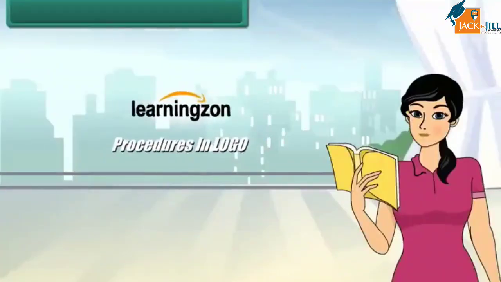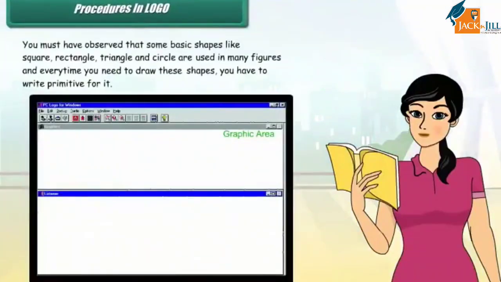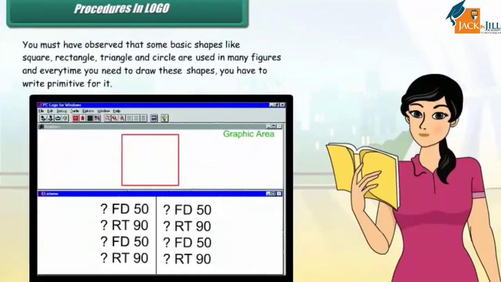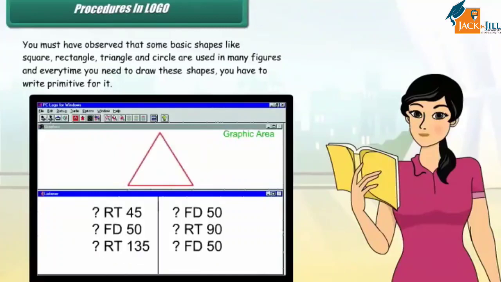Chapter 5: Procedures in Logo. Dear children, you must have observed that some basic shapes like square, rectangle, triangle and circle are used in many figures, and every time you need to draw these shapes, you have to write the primitive for it.